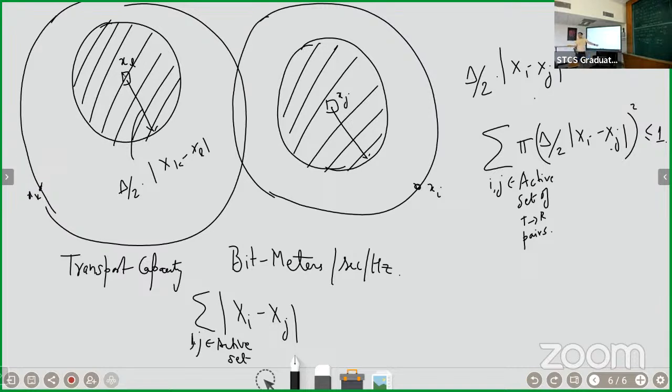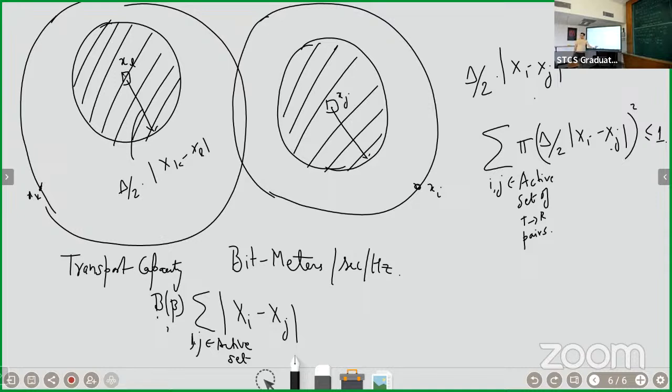The Xi is transmitted by Xi, that is successful, over all possible actives. So this will be my bit meters. You can just multiply by B1 entire. Doesn't matter. That is just fixed. Whenever I'm transmitting, the number of bits is the same. What matters is how many meters I am actually going. So this distance between the successful transmitting pair is what is being counted as transport capacity.